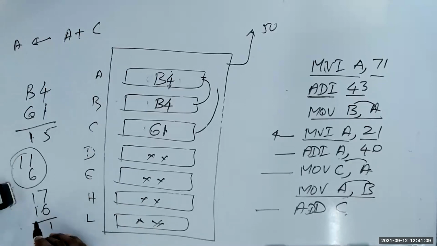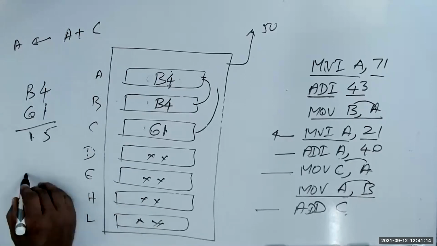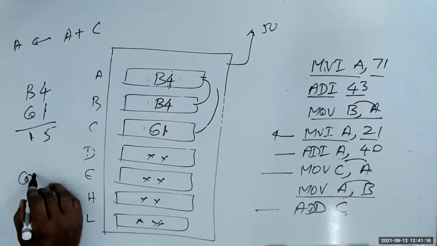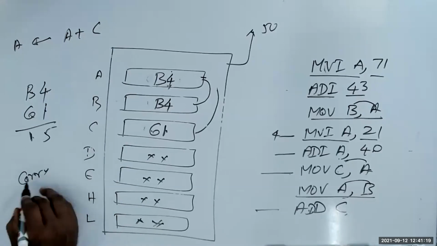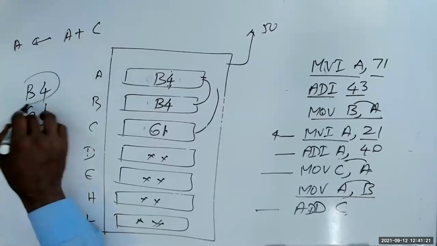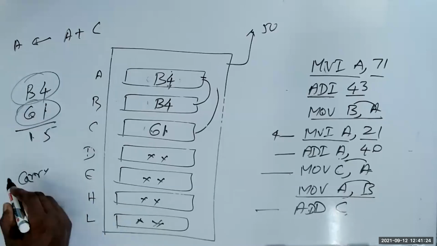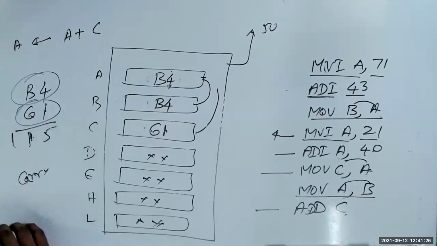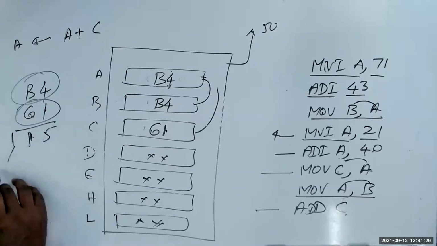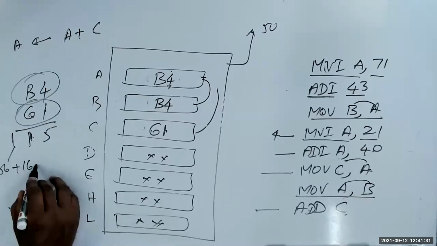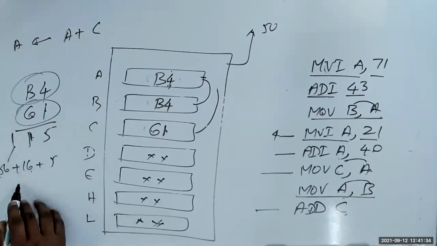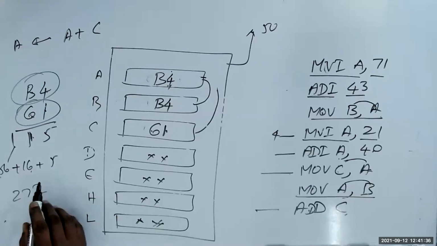Then one more 1 is coming now. We call it a carry. B4 plus 61, I added, it becomes 115 in hexadecimal. This is 256 plus 16 plus 5. That is 272 plus 5, 277.